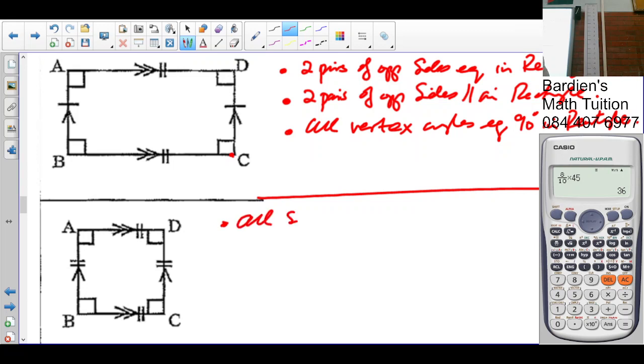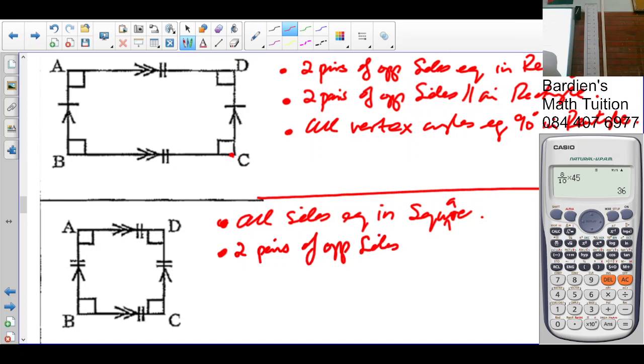All sides equal in the square. All sides are equal in the square. The next property, what can we say about the second one? Two pairs of opposite sides parallel in a square.